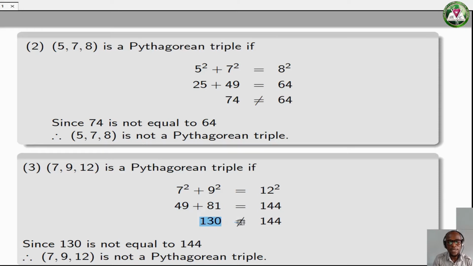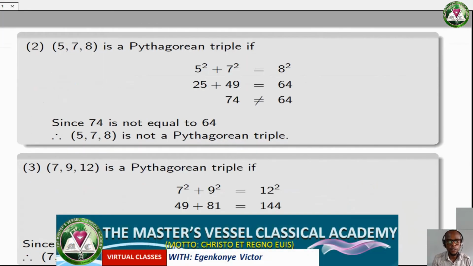And 130 is not equal to 144. So since 130 is not equal to 144, the set of numbers 7, 9, and 12 is not a Pythagorean triple. So that's how you check if a set of numbers is a Pythagorean triple or not. I believe this was understood.